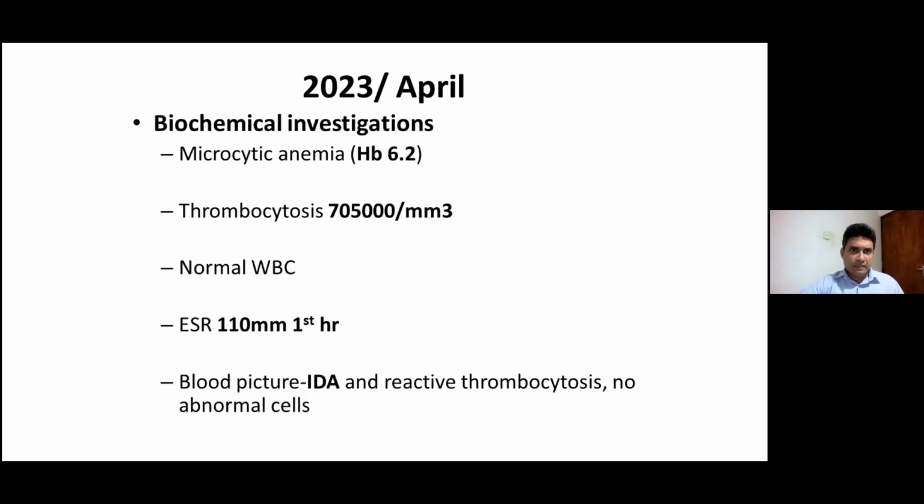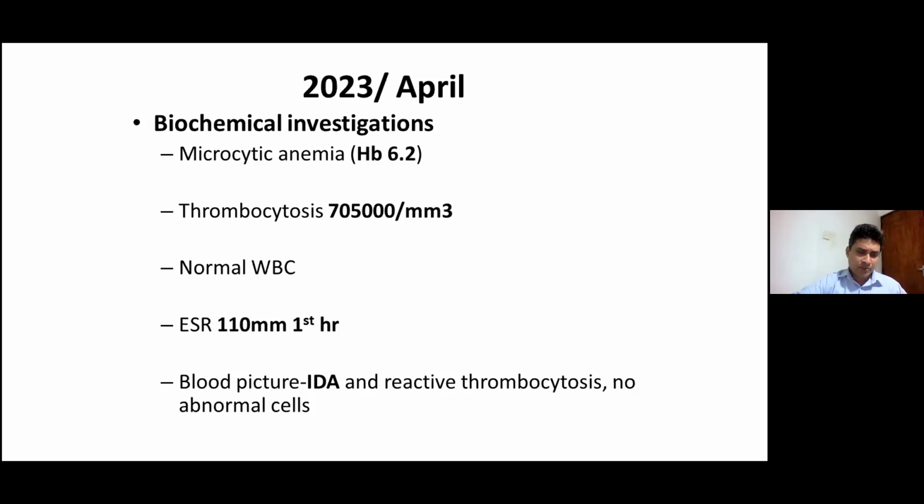So biochemical investigations showed microcytic anemia. The hemoglobin was 6.2, and interestingly, there was thrombocytosis also. The platelet count was 705,000, but her WBC count was normal, and ESR was 110.